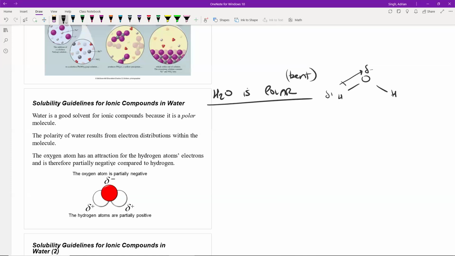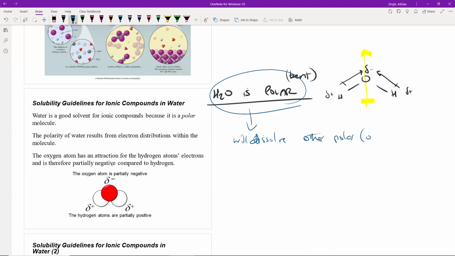The H is going to have a slightly positive charge. You have 2 bond dipoles here. The overall net dipole then points from the H's at the bottom to the O at the top. The water is polar. And what this means then is that water will dissolve other polar things or other ionic things.